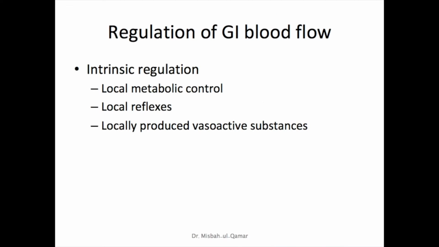How is gastrointestinal blood flow regulated? You see, the intrinsic regulation operates by three factors: local metabolic control, local reflexes, and control exerted by locally produced vasoactive substances.